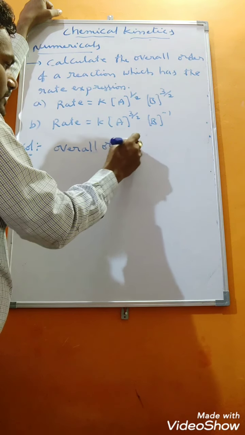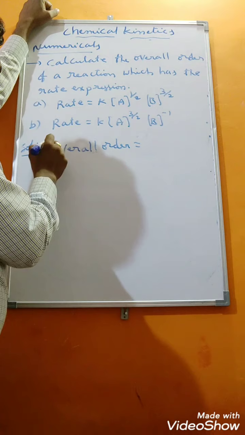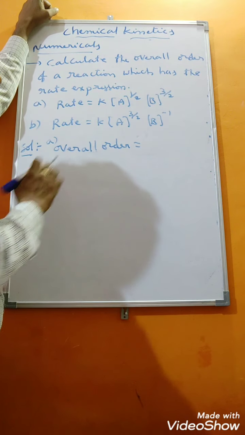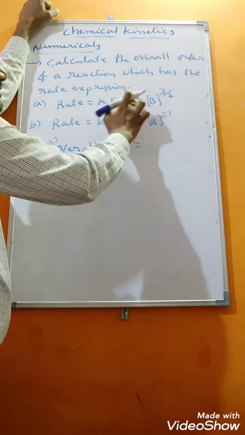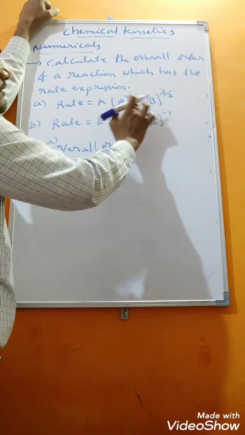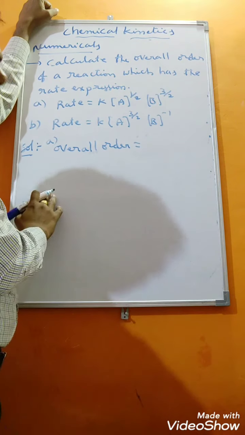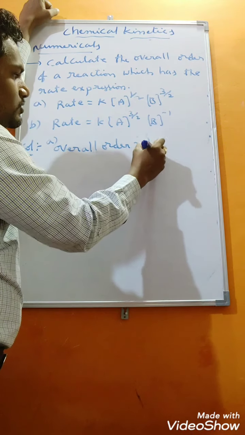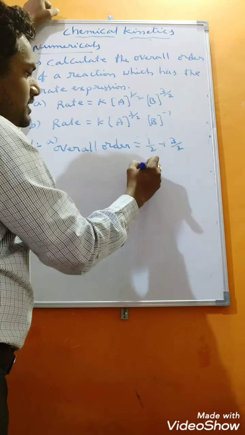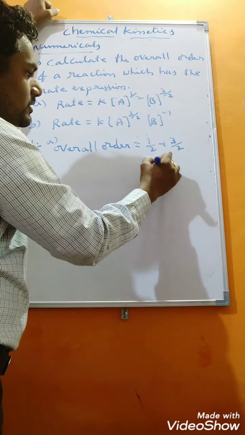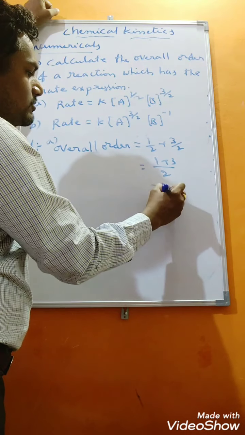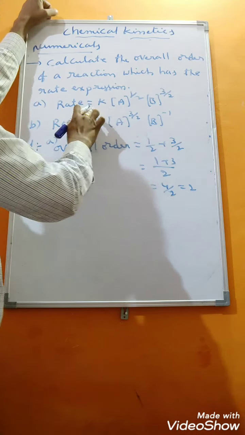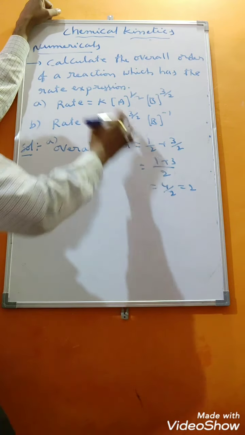Order of the reaction means the sum of the powers of the concentration of each reactant in the rate expression. What is the sum of these exponents? 1 by 2 plus 3 by 2, the LCM is 2, so 1 plus 3, 4 by 2, which is nothing but 2. First solution is 2. Order of the reaction is 2.